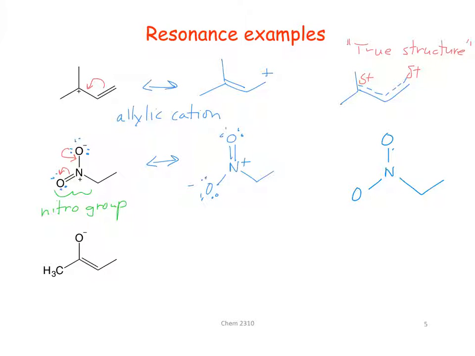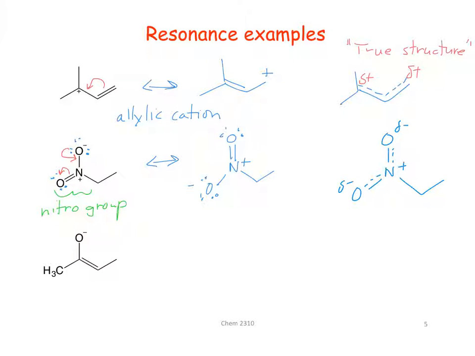Right, so we're going to have a partial double bond here. We're going to have a partial double bond over here. We have a plus on the nitrogen and a delta minus on this oxygen and a delta minus on this oxygen. In fact, we'd have a minus 1/2 charge on one oxygen and a minus 1/2 charge on the other oxygen.